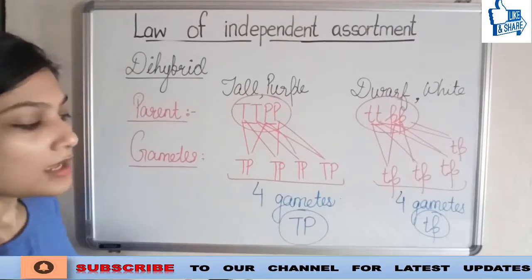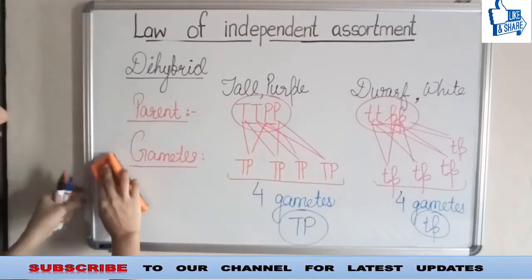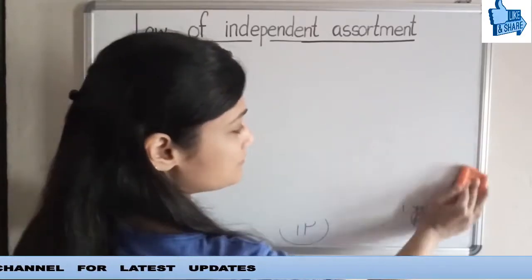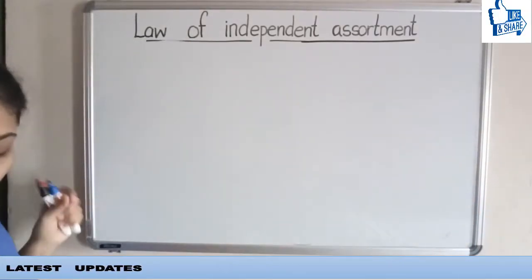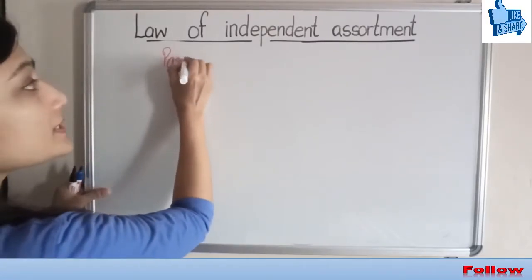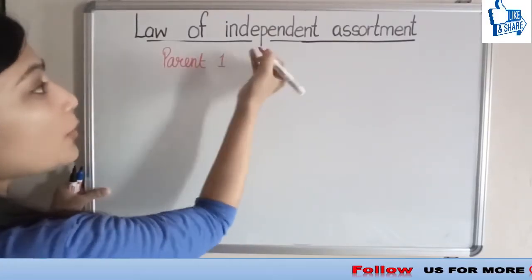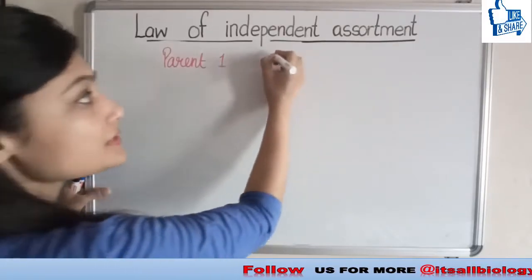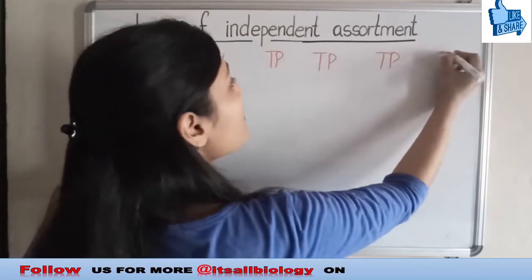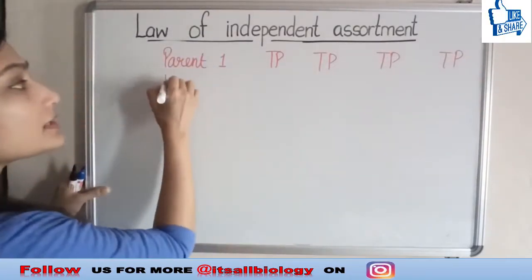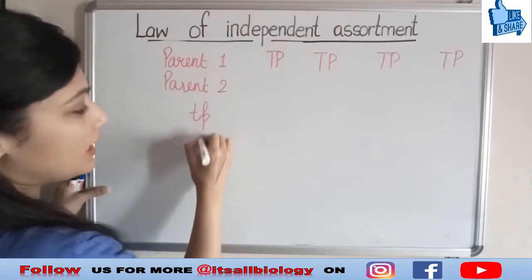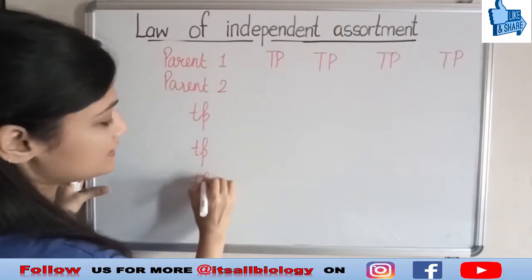So let me plot these in a Punnett square for you. For plotting a Punnett square, the number one thing I'll do is write the possible gametes of one parent here. The gametes of the first parent were these and the gametes of the second parent are these.